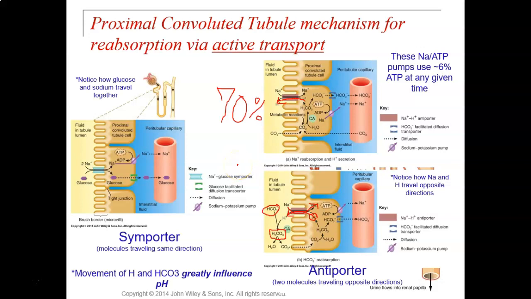Carbonic acid is a very, very weak acid, but it helps to regulate the pH of the blood. As I mentioned previously, every single time that we produce ATP, every single time we are utilizing molecules of oxygen, we are producing molecules of CO2.